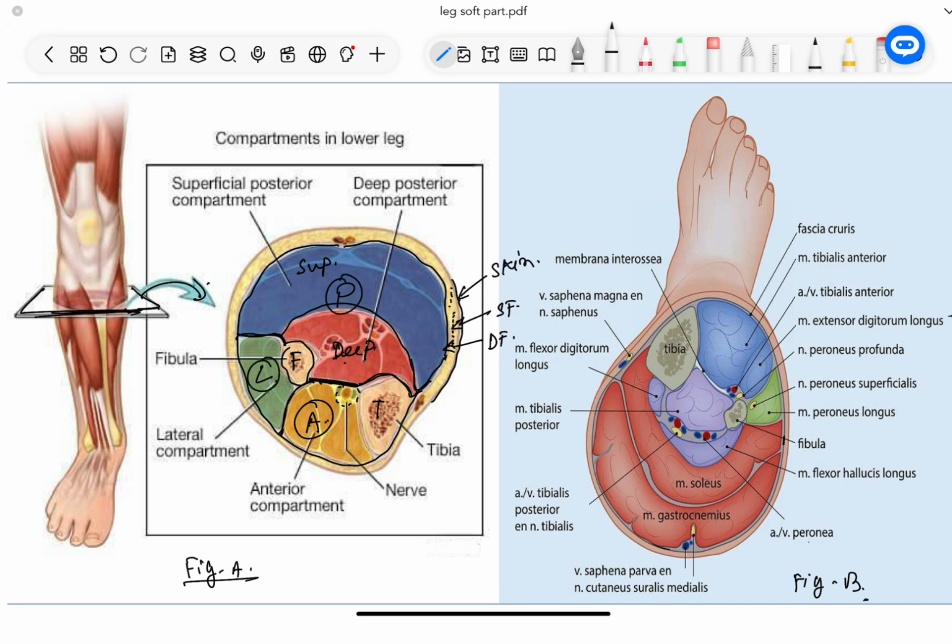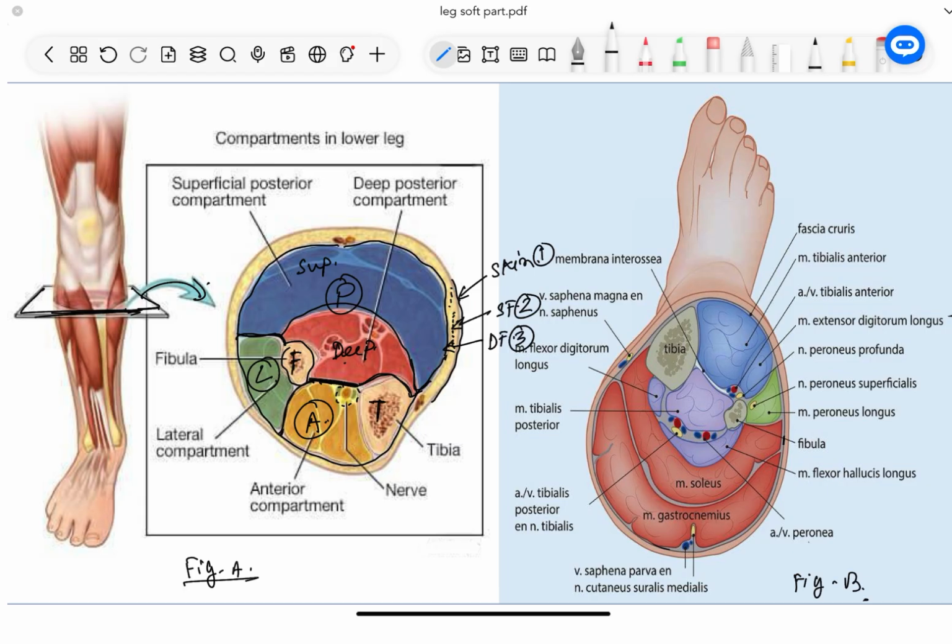Posterior is again divided into two, superficial and deep. Dissection wise, if we move outside to inside, the first layer is skin, then superficial fascia, then deep fascia. The deep fascia moves inside and forms intermuscular septa, and with the interosseous membrane divides the whole leg into small compartments, each compartment having muscle, vessels and nerve.